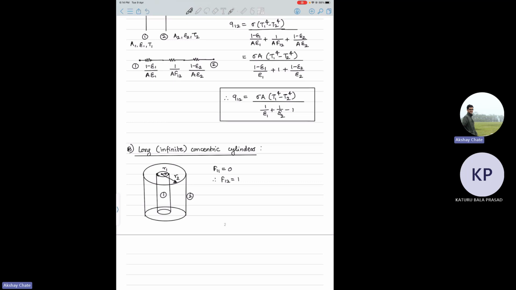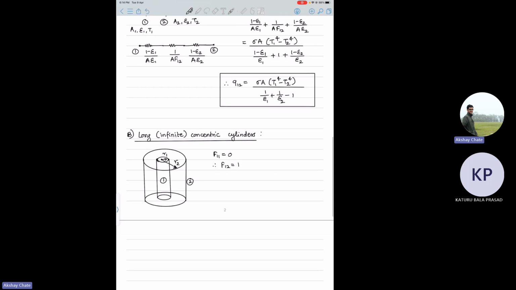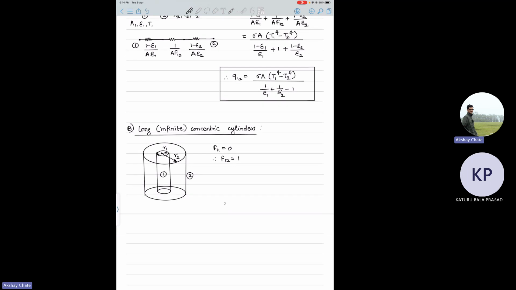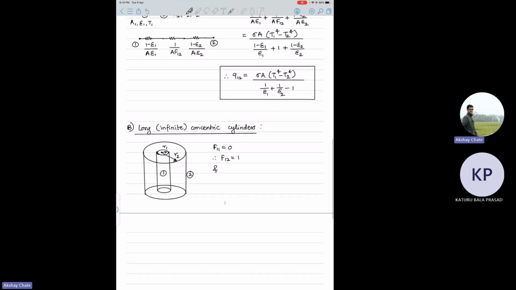We'll solve some problems, and there you'll need this equation, so I'll derive it here only. Due to the reciprocity theorem, we know that A1 into F12 is equal to A2 into F21. Therefore, F21 will be A1 by A2 into F12. F12 is 1, so this is essentially A1 by A2.